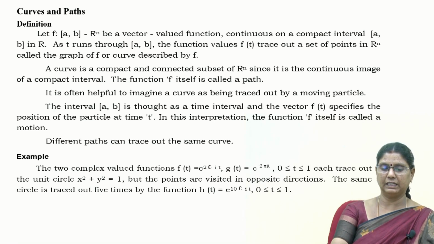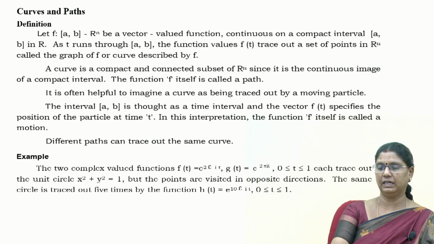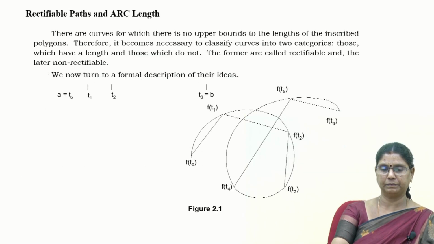Here is an example for the complex valued function f(t) which traces out the unit circle x² + y² = 1, but the points are visited in opposite direction. The same circle is traced out 5 times by the function h(t) = e^(10πit), where t lies between 0 and 1.